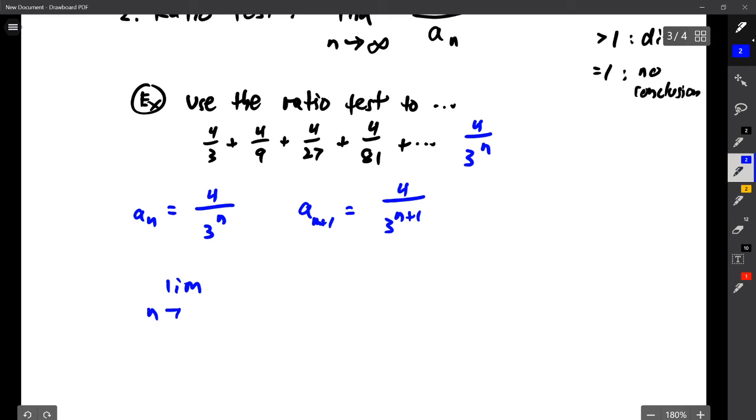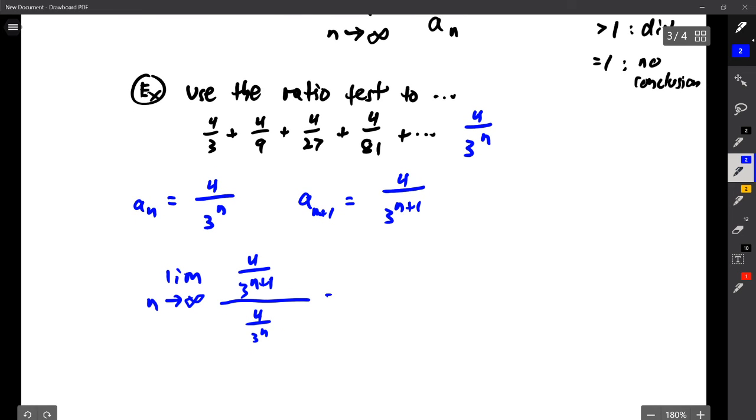as n approaches infinity of our a sub n plus 1, so that's 4 over 3 to the n plus 1, over a sub n, 4 over 3 to the nth. Okay, well that is equal to the limit as n approaches infinity.